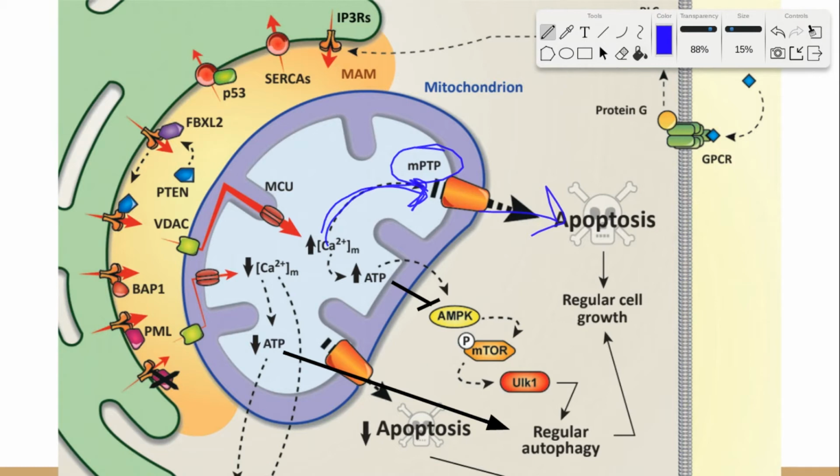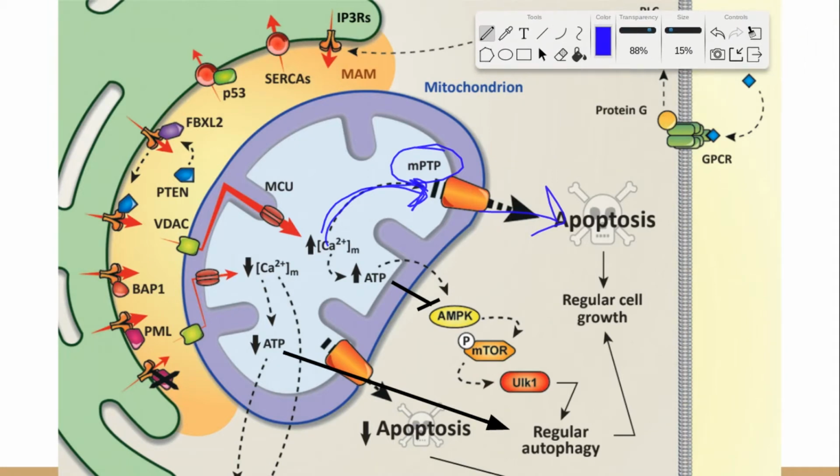Current theories suggest the MPTP consists of VDAC, ANT, ATP synthase, and cyclophilin D. Cyclophilin D is the only protein that's definitely involved in the MPTP, but the others are implicated but not yet confirmed.